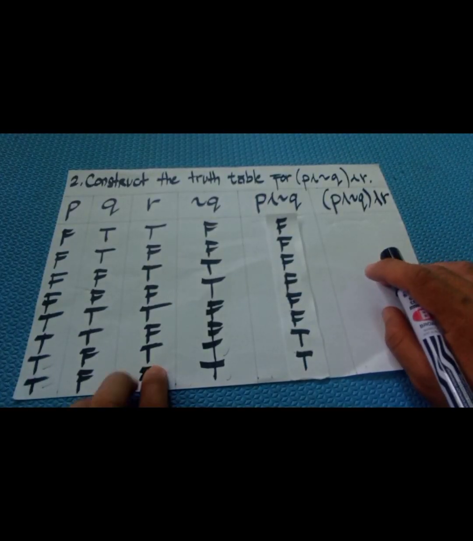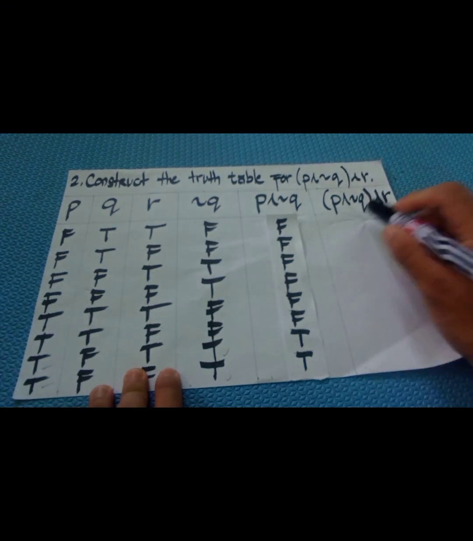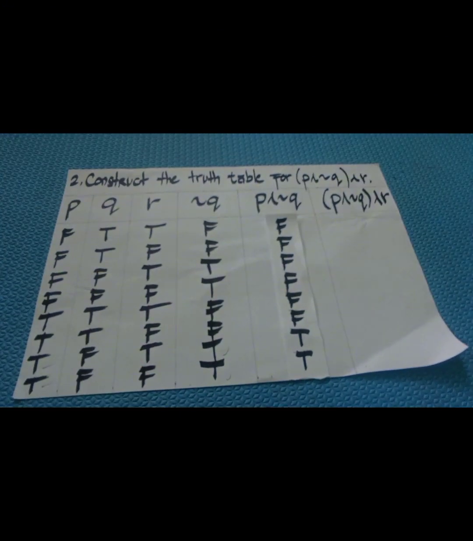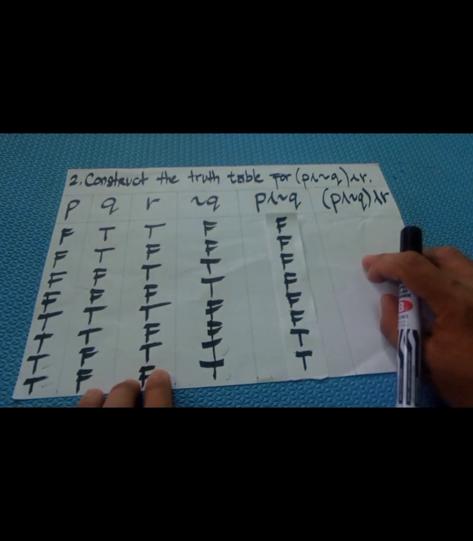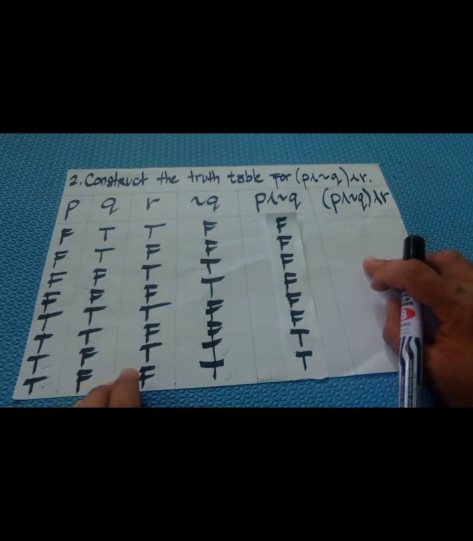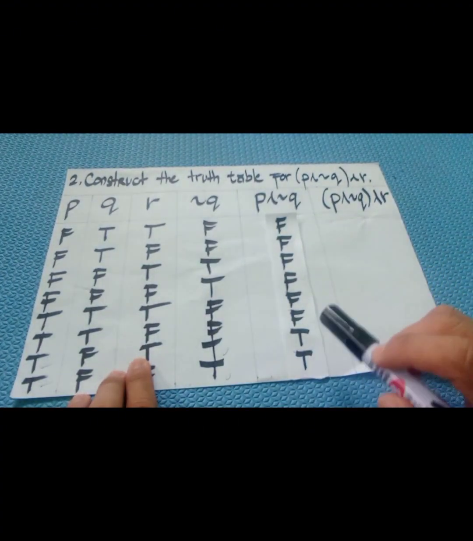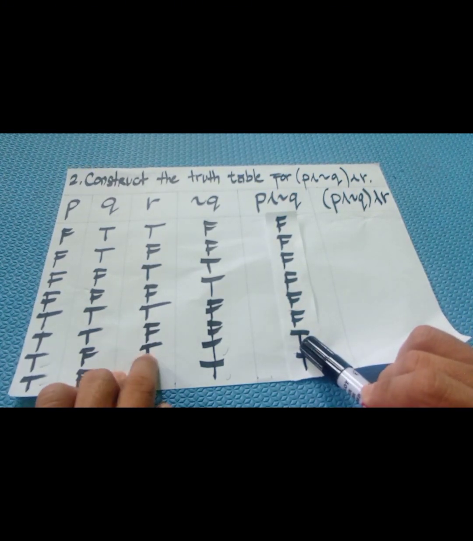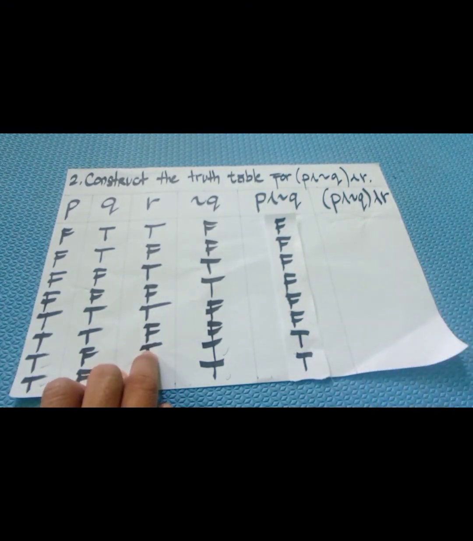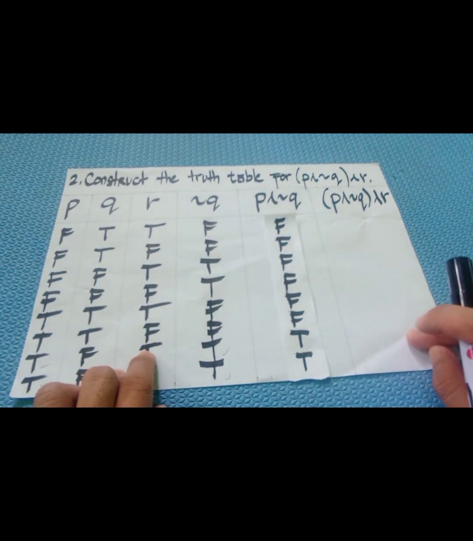Then we proceed and solve P conjunction not Q conjunction R, where, remember, in conjunction we need two trues in both statements. So there is one true in P conjunction not Q and one true in R. Otherwise, if not satisfied, the other answers will be false.